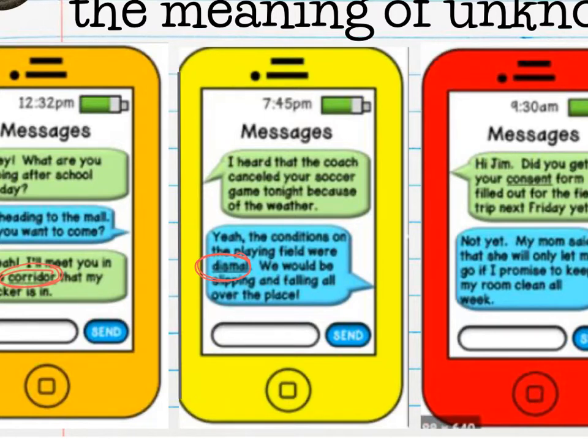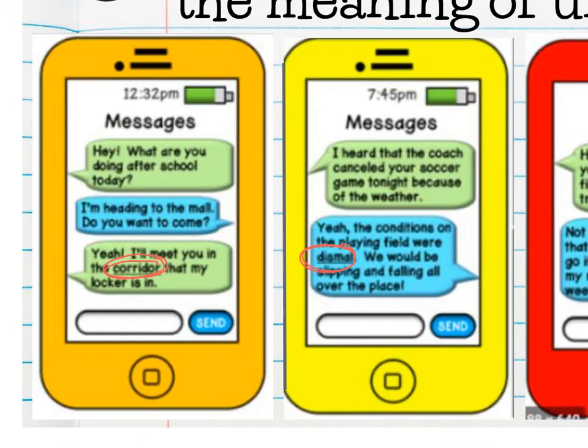Great job warming up your brains with me, and I'm loving how we thought deeply about how there's context clues around these words that help us determine what they mean. Now that you've had an opportunity to warm up your brains, you already know that corridor, since it's where their locker is located.